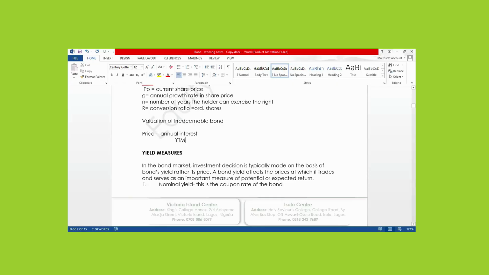In the bond market, investment decision is typically made on the basis of the bond yield, bond return, rather than the bond price.